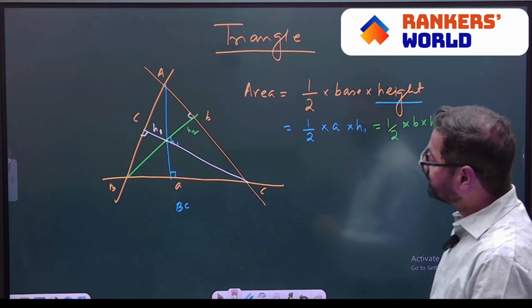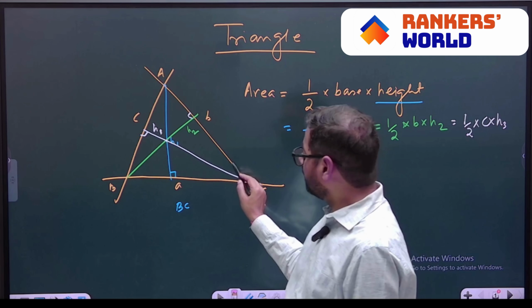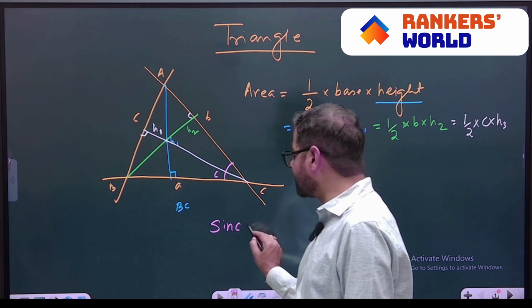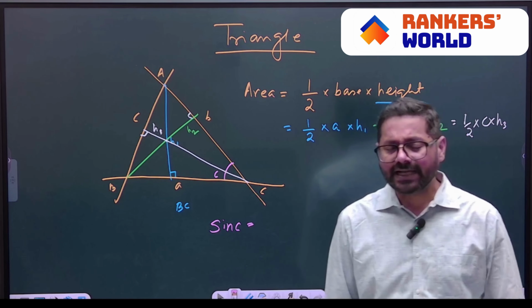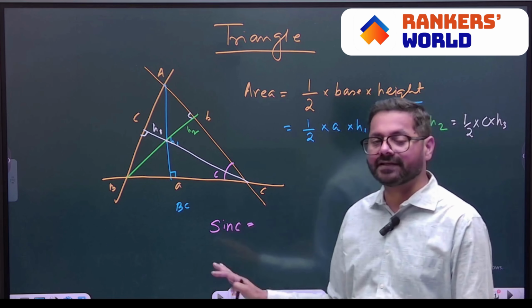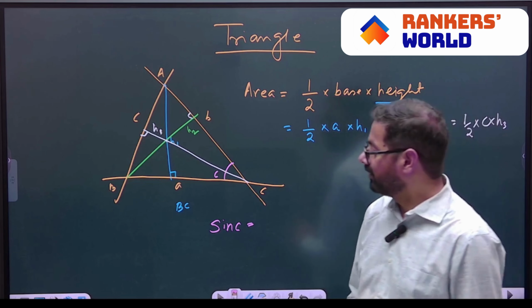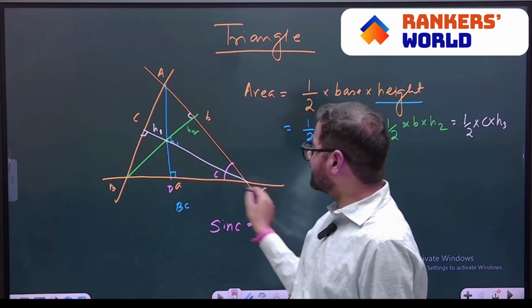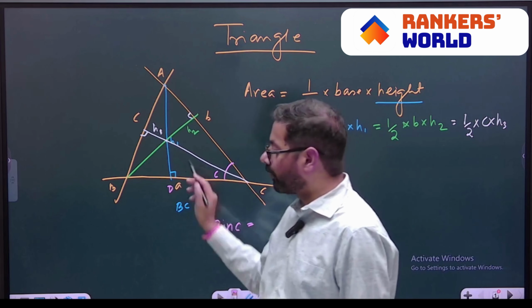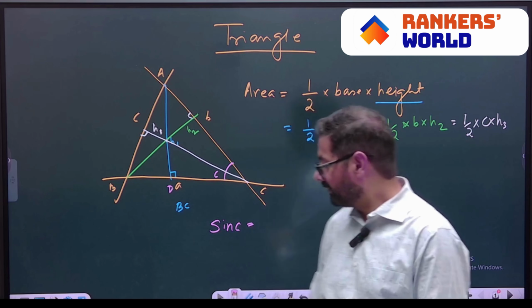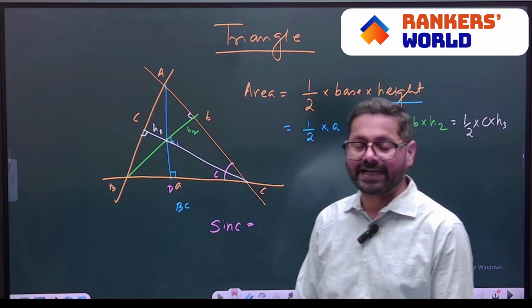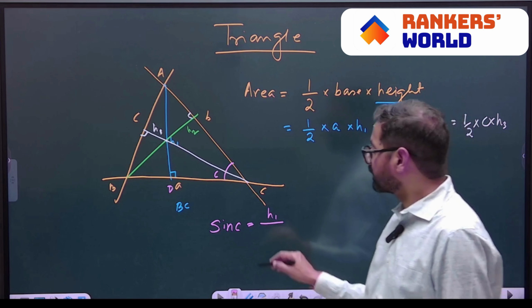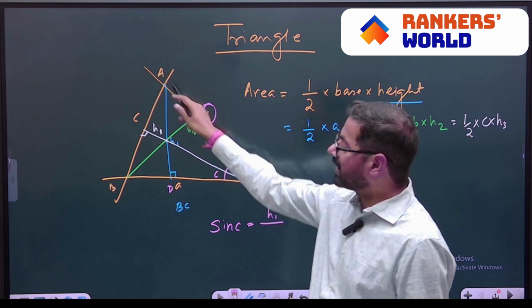So come to this. If I take, for example, this angle C, and I want to write the value of sine C. Sine is always valid in a right angle triangle. So if this point is D, then ADC becomes a right angle triangle, because I drop a perpendicular from A. If I want to write down the sine C value, I can write it as H1 divided by B, because that is the hypotenuse.